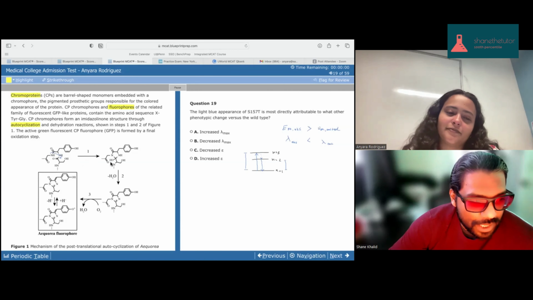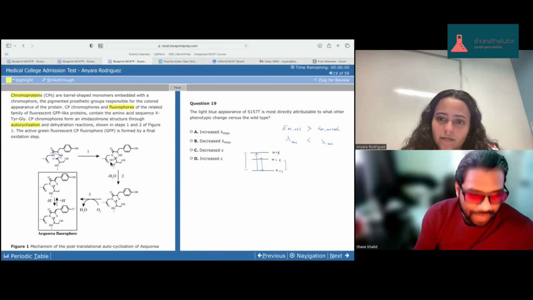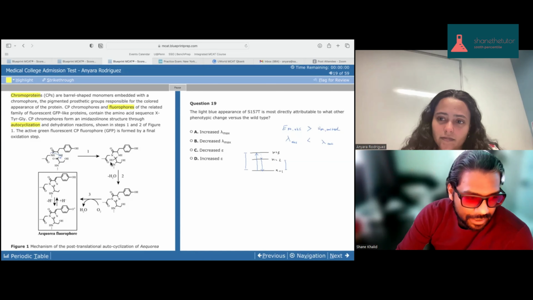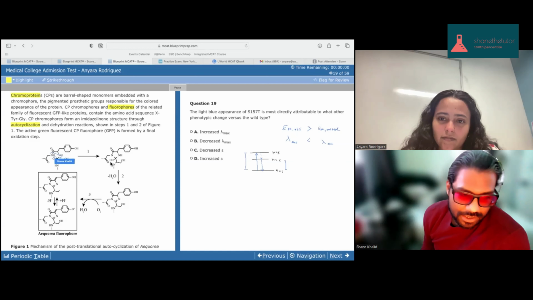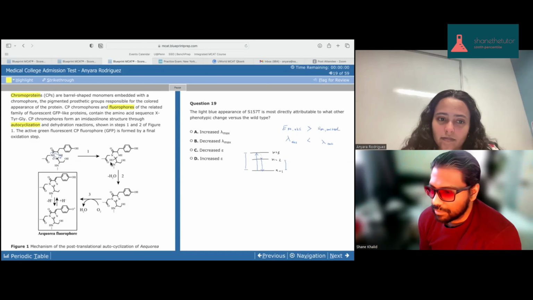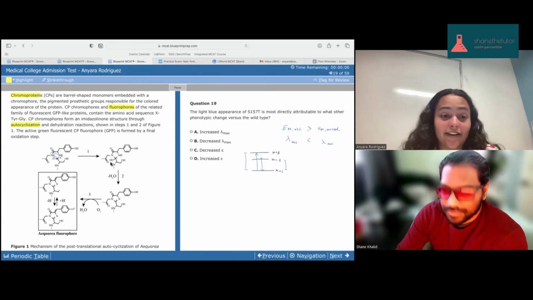Then you'd get a bond between this nitrogen here and this carbon here, which would mean that the carbonyl carbon here can no longer have that double bond. So the electrons go up here, you'd have that O minus, and then it picks up a proton. Okay, I get it. I see it now.